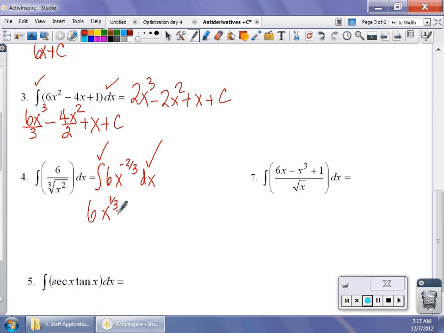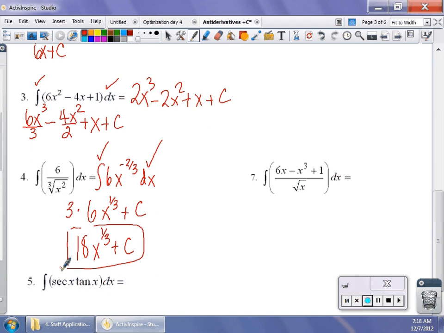If I'm dividing by 1/3, because remember you divide by the new power, that's the same thing as multiplying by 3, plus my constant. 3 times 6 is 18x to the 1/3 power plus c. That would be my original function.